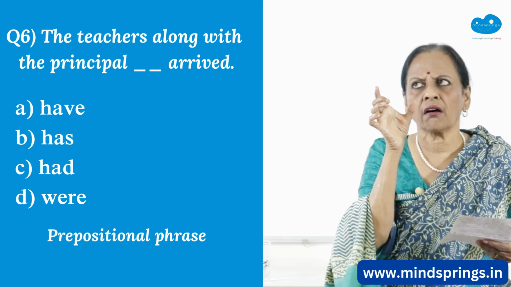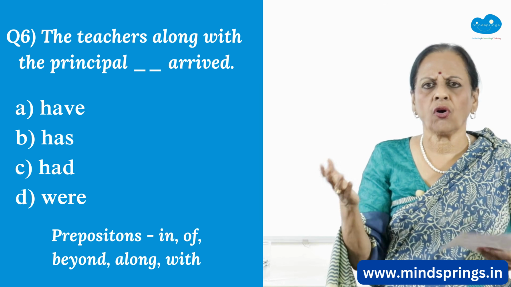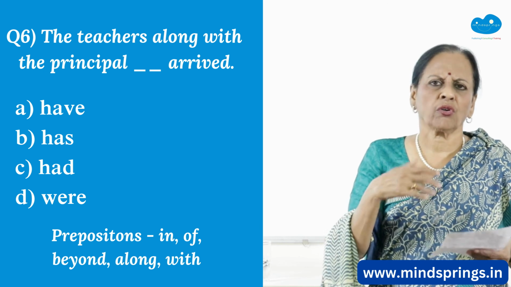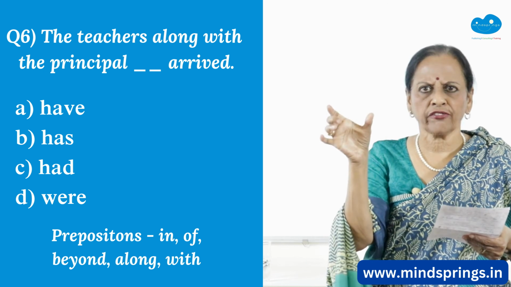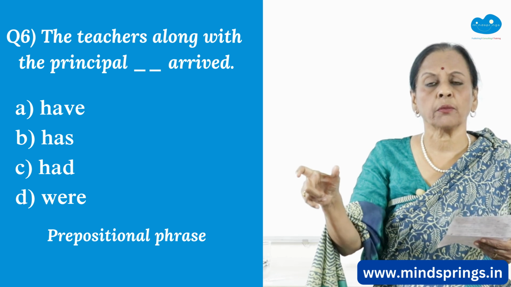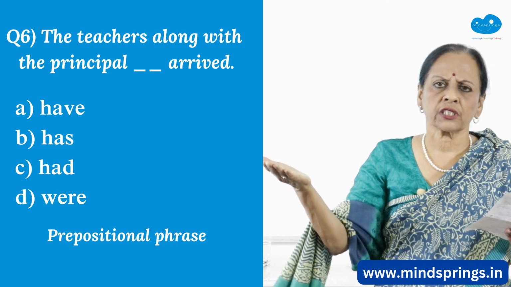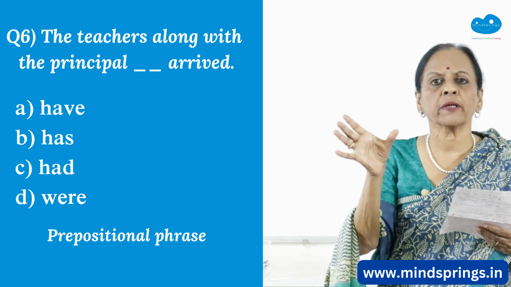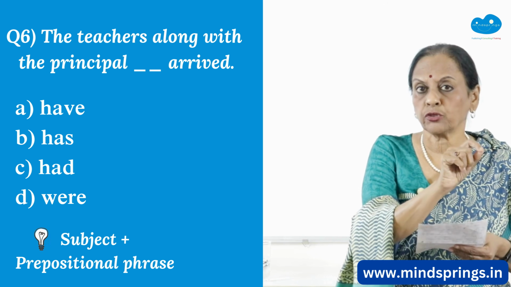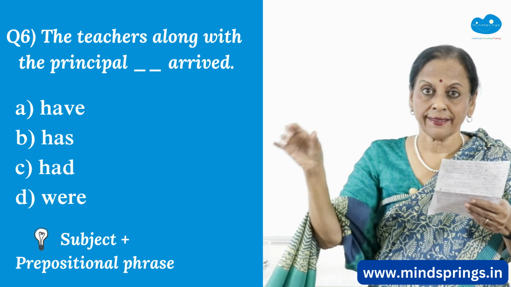Phrases that begin with a preposition. What are prepositions? In, on, off, beyond, along, with, all these are prepositions. And a phrase should not have a verb. So along with the principal, along is a preposition, and there are no verbs there, therefore it becomes a phrase.